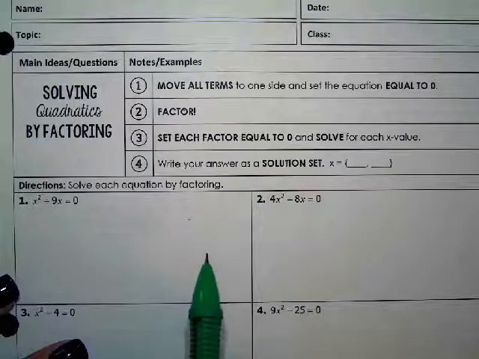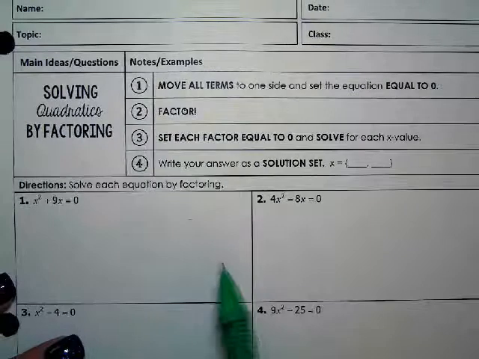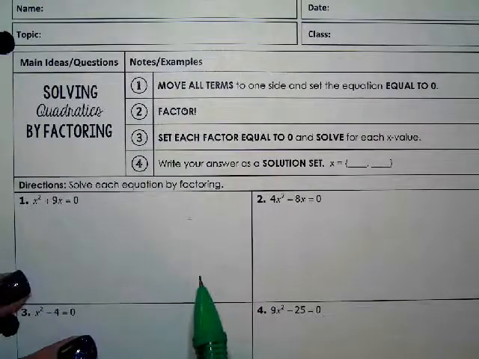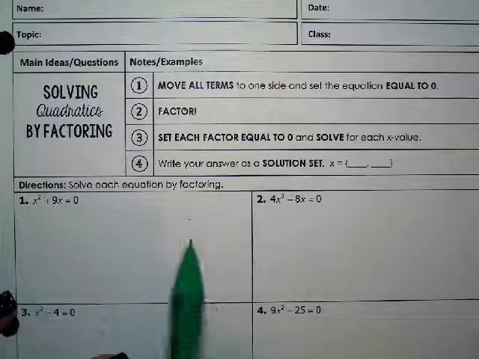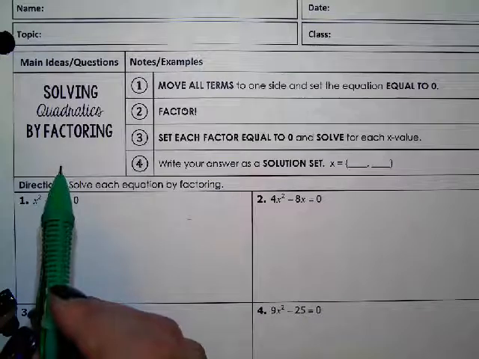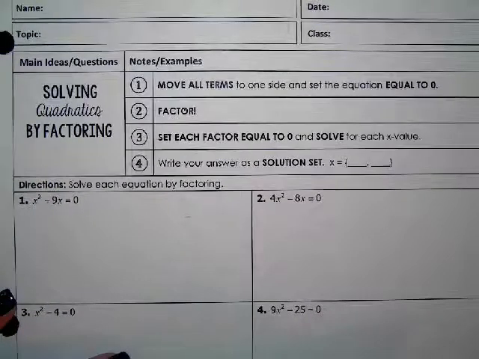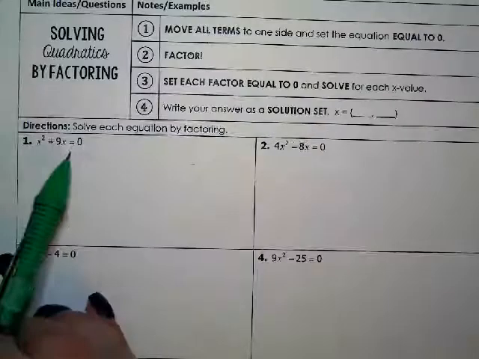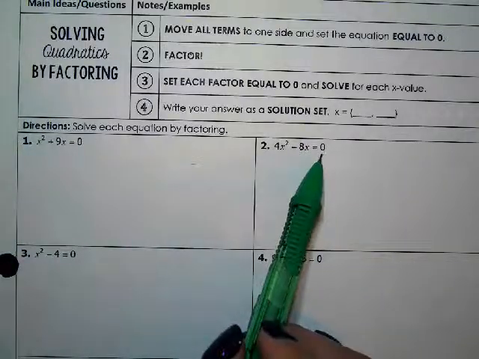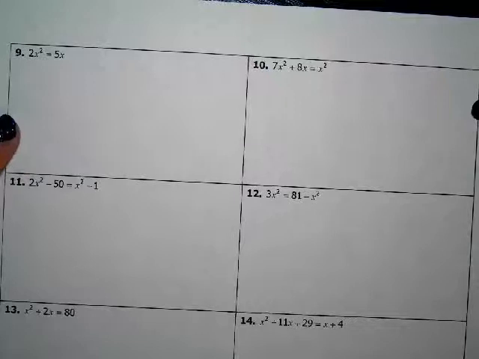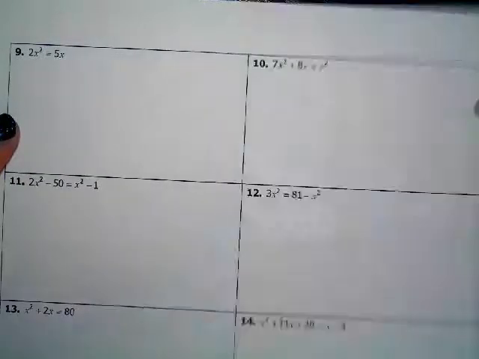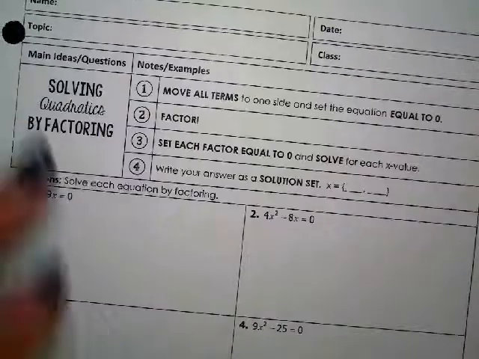So, we are not going to take a field trip to see Gina Wilson. Now, if you've done this exact worksheet before, then you know how to do this. To solve a quadratic by factoring, the very first thing you have to do is make it equal 0. Some of these quadratics are already set up, with everything on one side and 0 on the other. If you flip the page over, some have terms on both sides, so they are not quite ready yet. The first thing you do is move everything to one side to equal 0.